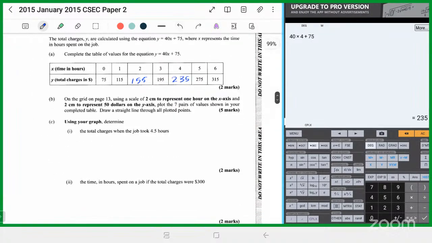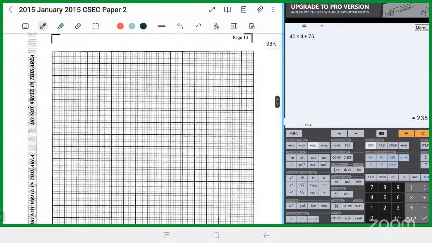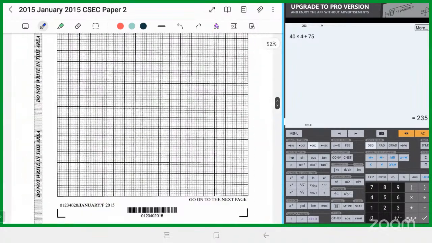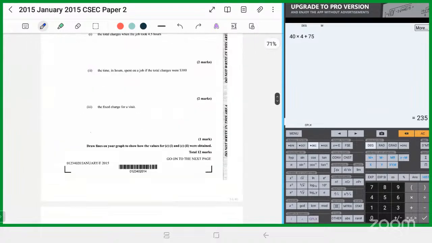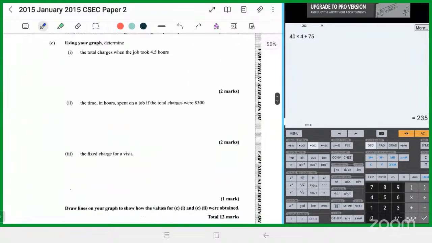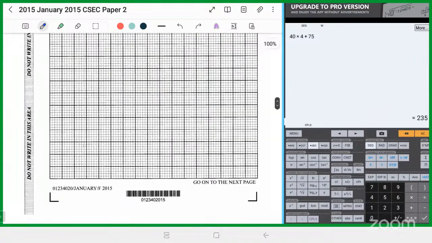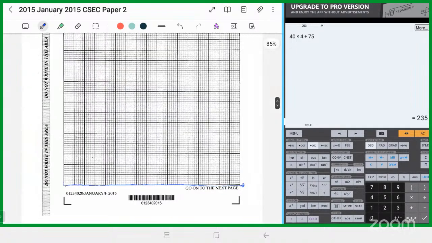All right, so let's see if it can be done here. There are no negative values in this, so we can basically just use a graph from down here. Use this as the horizontal axis and this as the vertical axis.